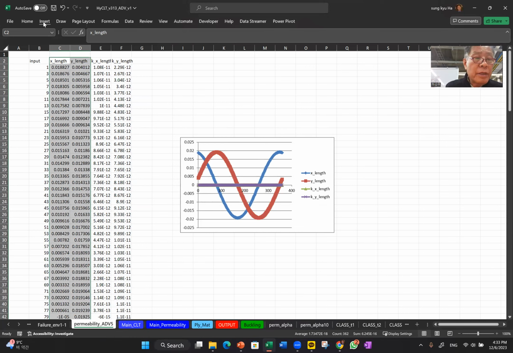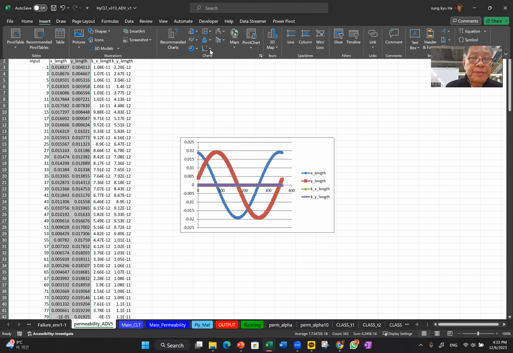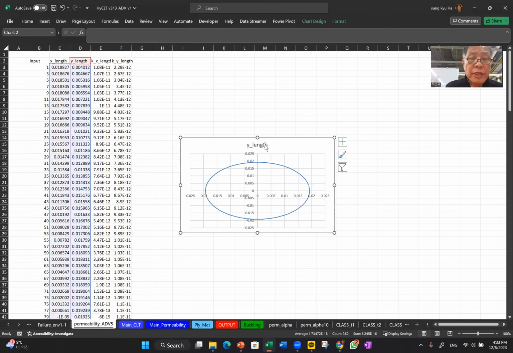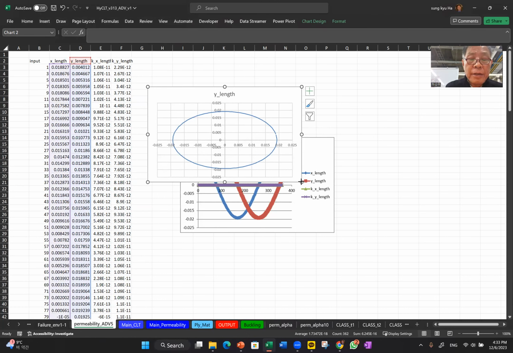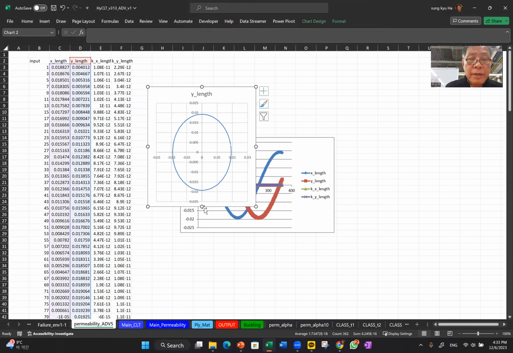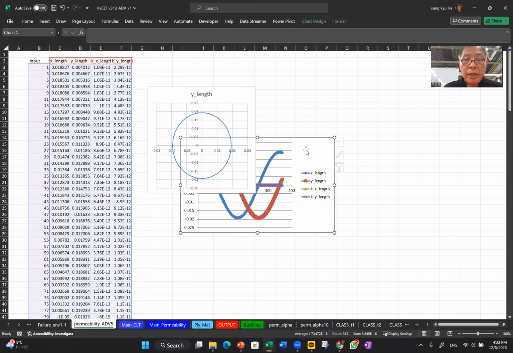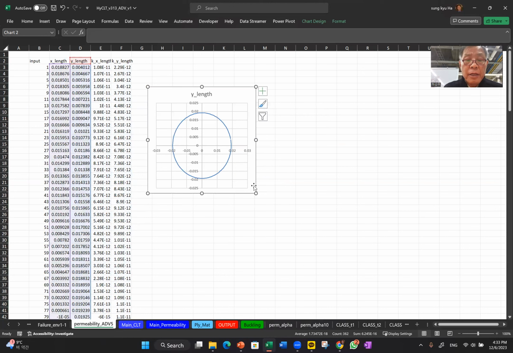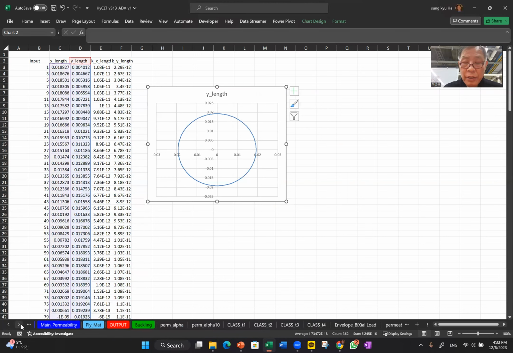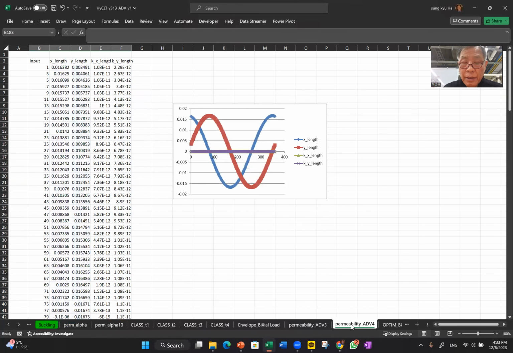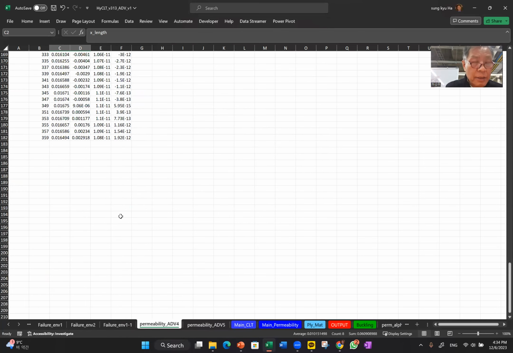Okay, this is the plot we just calculated. And also this is a circle. I'm going to delete this. This is the circle. And also this is the one we plotted before.